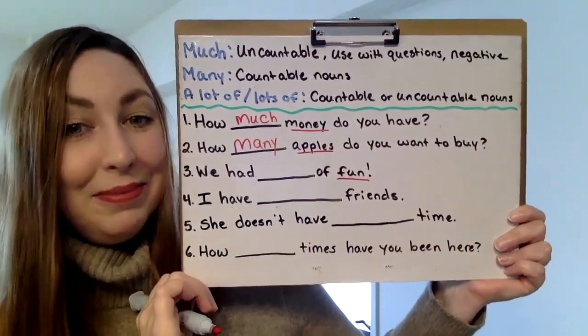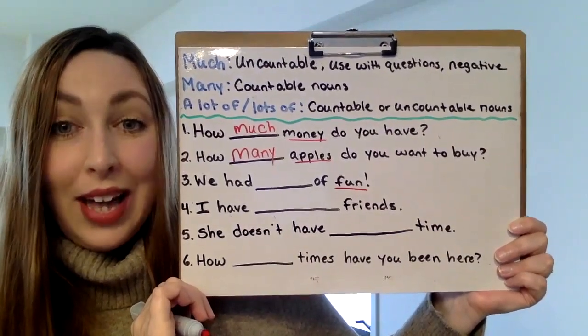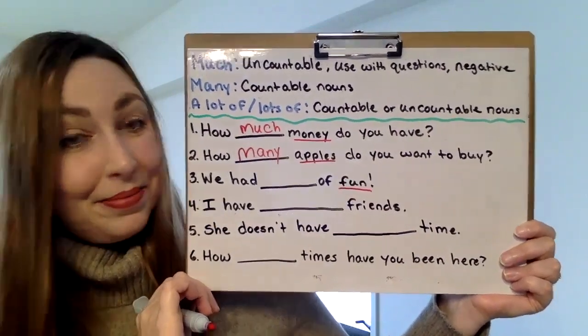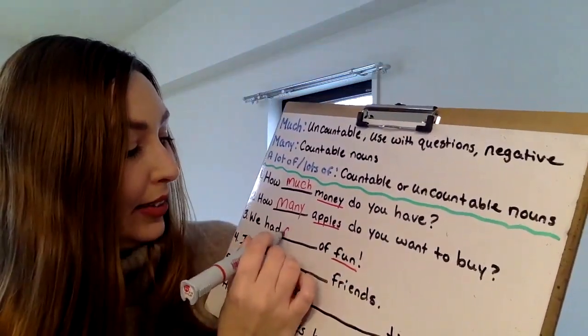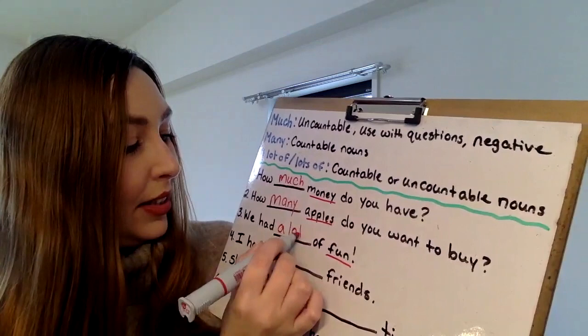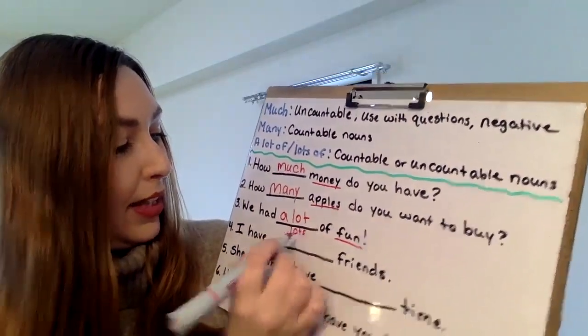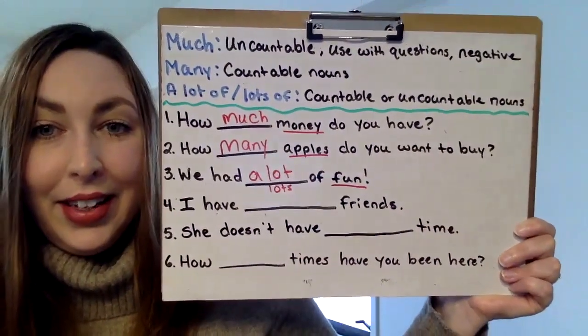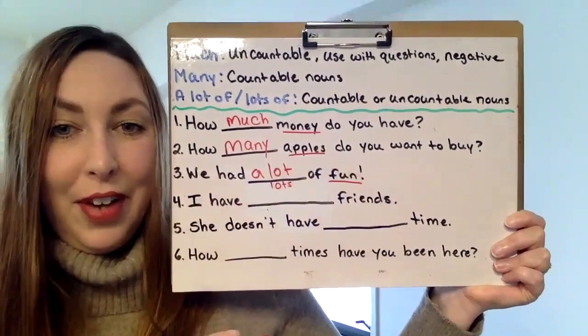We had fun. What can we use here for an uncountable noun? Well, the correct answer is we had a lot of fun, or we had lots of fun.